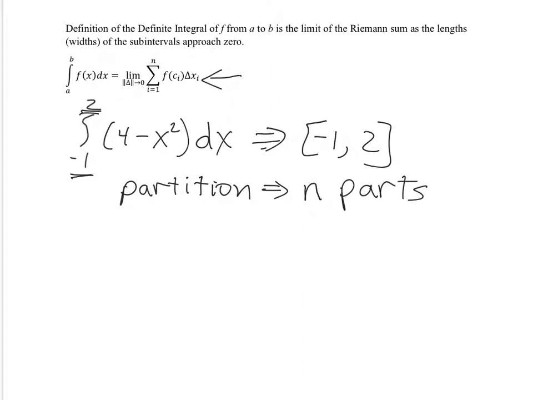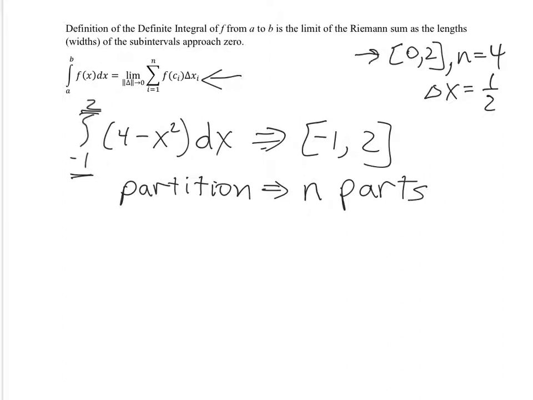Okay. Well, as we did before, just putting this up on the side, we were going from 0 to 2, and we used 4 rectangles. What we ended up doing, we found our width, our delta x, as I'll call it, to be 1/2.